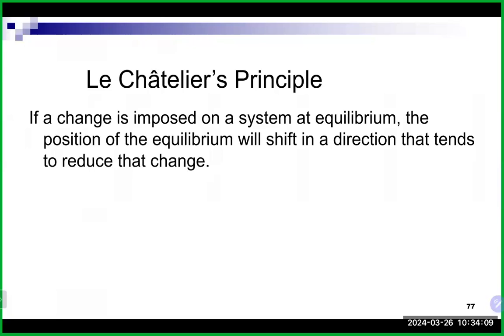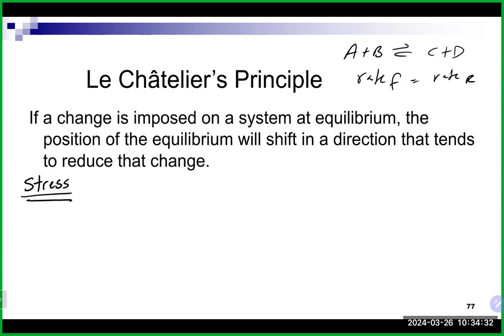Remember, as we've talked about, when a system is at equilibrium, the rate of the forward direction equals the rate of the reverse direction. It will maintain that unless you add what is sometimes referred to as a stress to the system. There are a few different stresses we could add that will mess up the equilibrium for a short period of time.